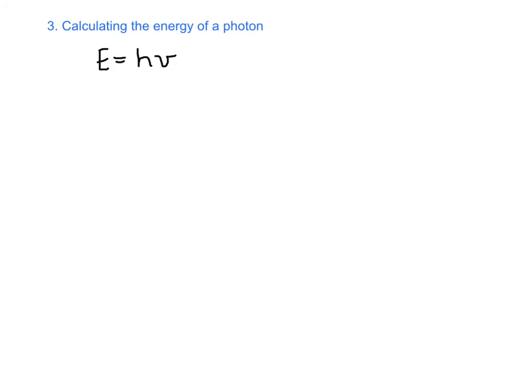The energy of a photon is going to be equal to h, which is called Planck's constant, named after Max Planck. Max Planck was a scientist that kind of started this whole experimentation and study of the particle nature of light. So we name the constant after him.